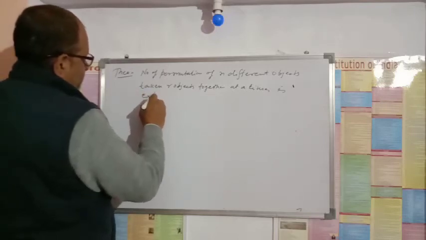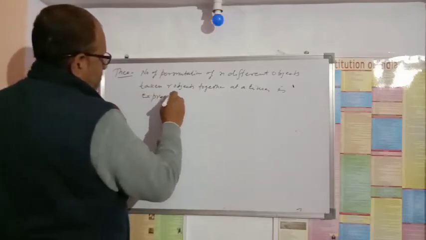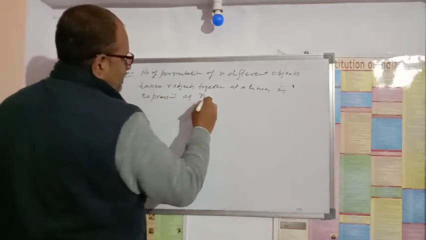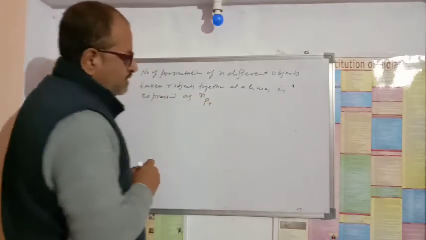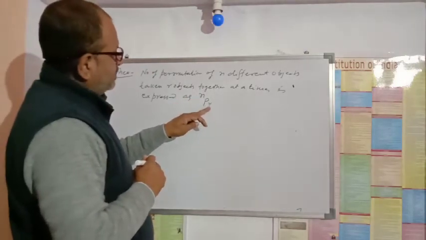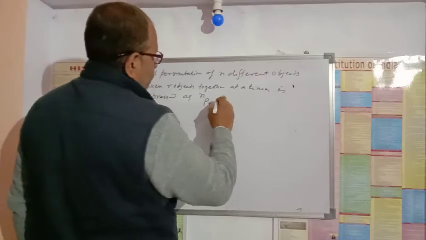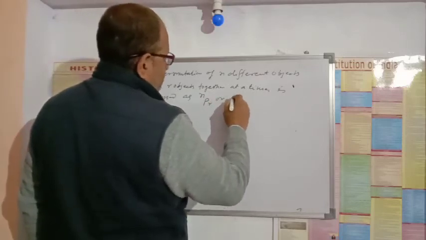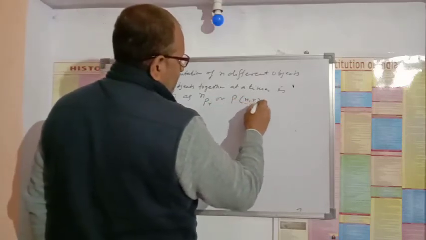The number of permutations of n different objects taken r objects together at a time is expressed as nPr. n means total objects, P denotes the permutation, r means we have to take r objects at a time.